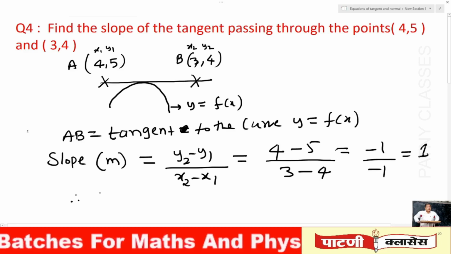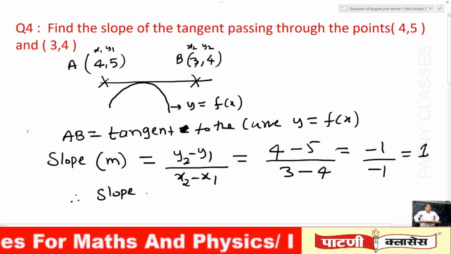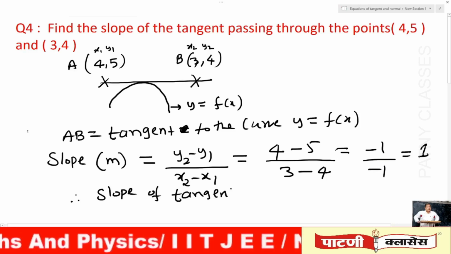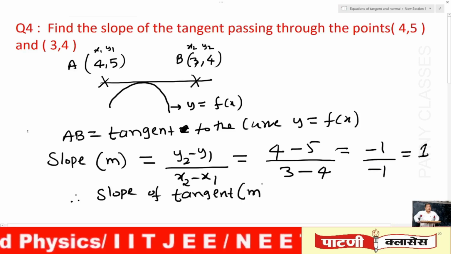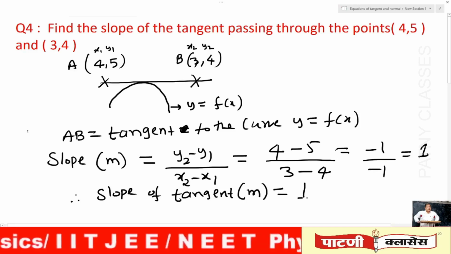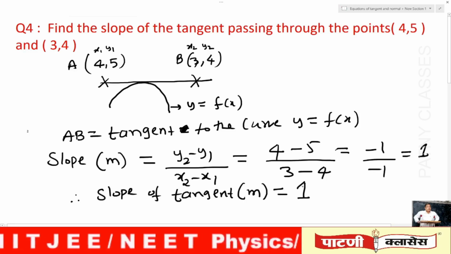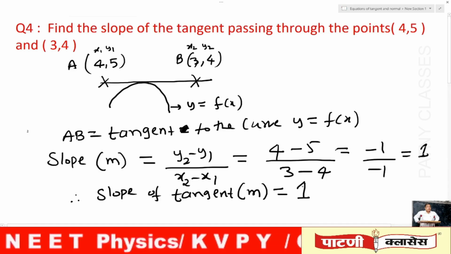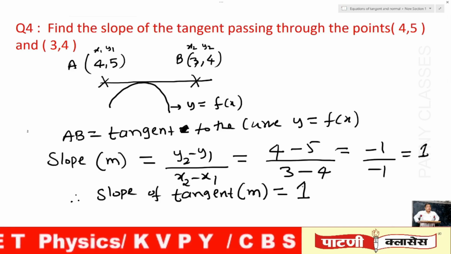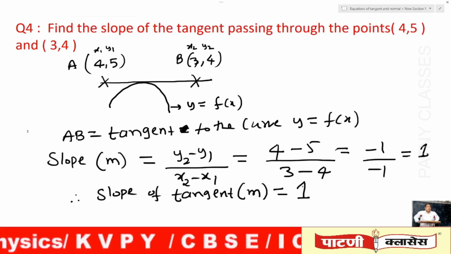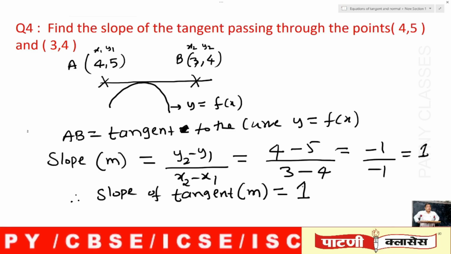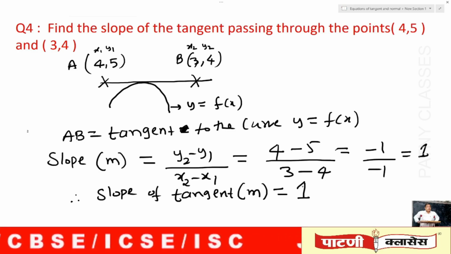Therefore the slope of the tangent m equals 1. This is the way we find the slope of tangents. In this question they did not ask us to find the equation, so we are not finding the equation, only the slope of the tangent is required. So that's the result.